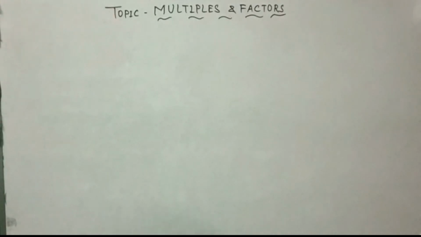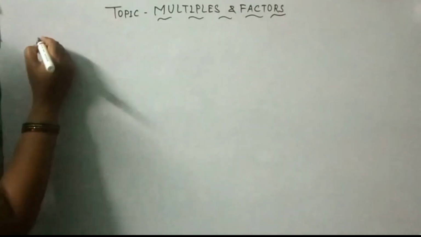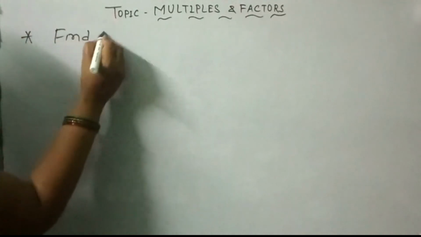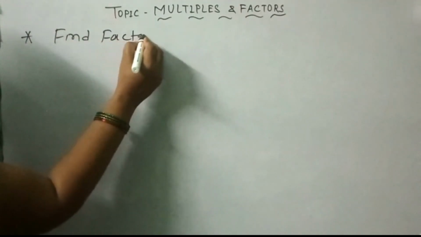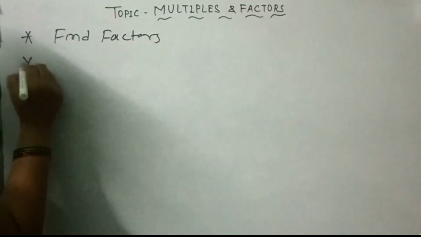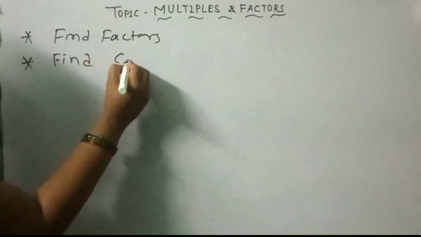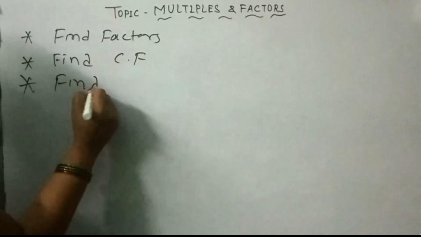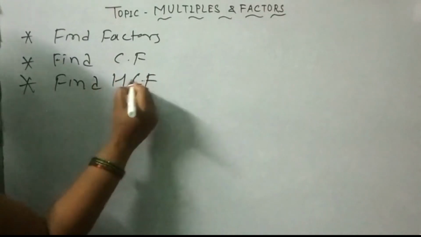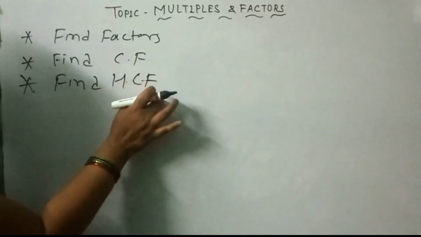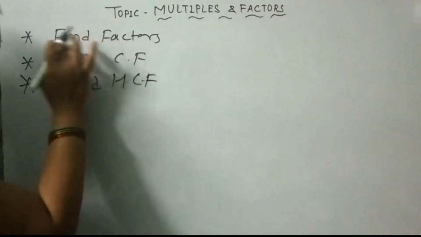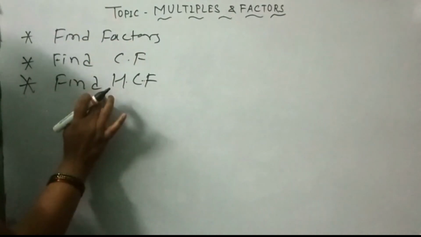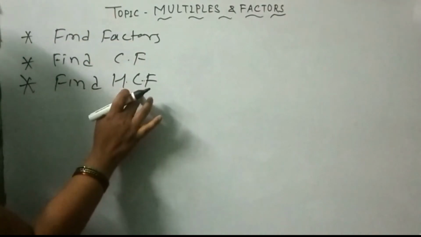So in factors we first find the factors, second find the common factors, and third find the HCF, that means highest common factor.